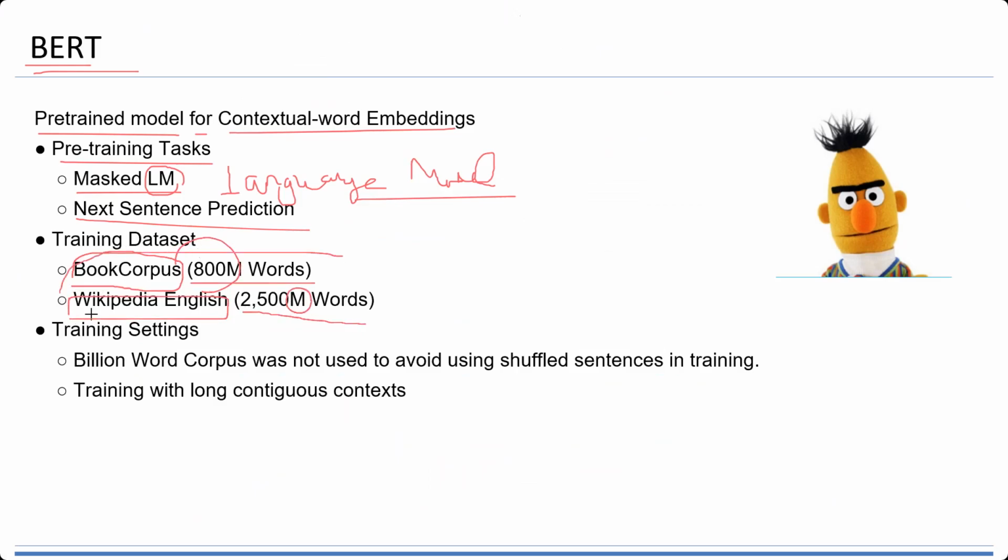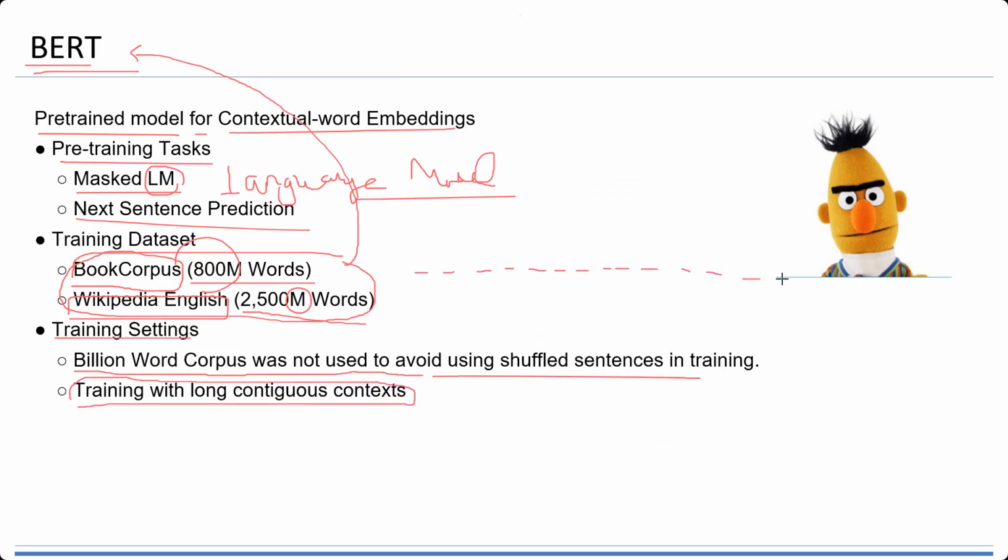They use those datasets to make BERT a pre-trained model. For the training settings, the billion word corpus was not used, to avoid using shuffled sentences in training. So the training uses long contiguous context. If the text is very long, they try to indicate whether there is some context dependency or not.